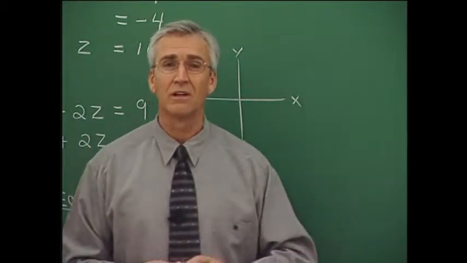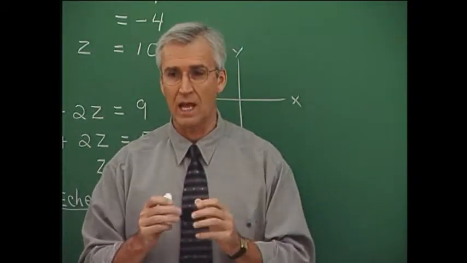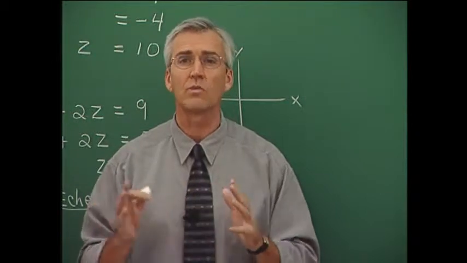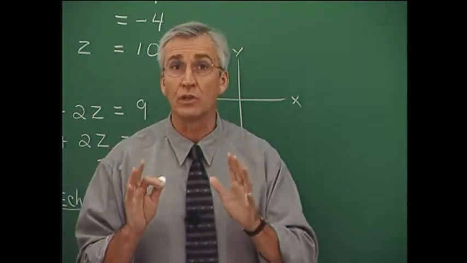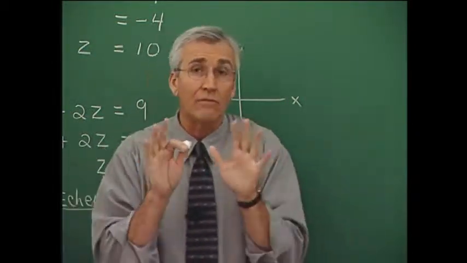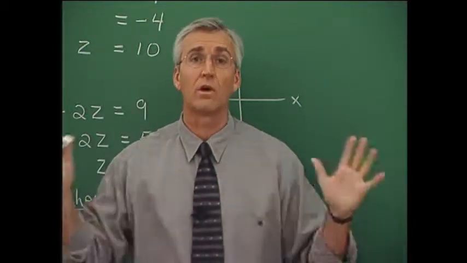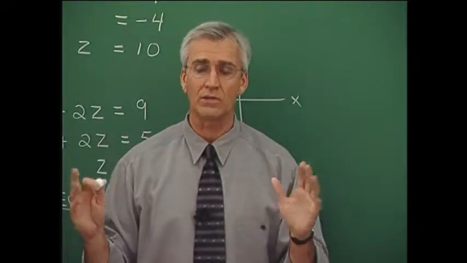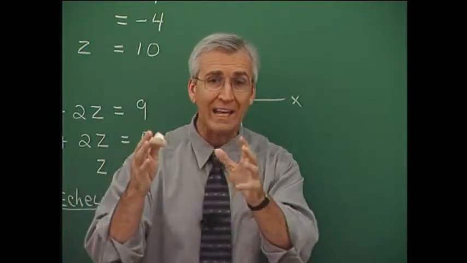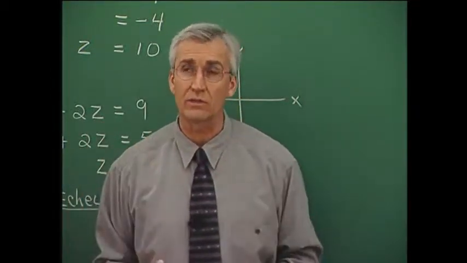The other methods, the method of elimination and the method of substitution, work as well. That is, we could substitute. I mean, think about this. We have 3 equations and 3 unknowns. We take one equation. We solve the equation for one of the letters. Any letter, any equation. We put that information back into the other 2 equations.